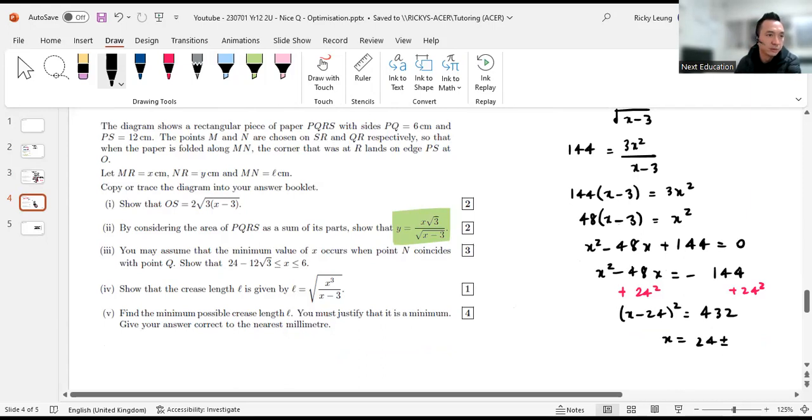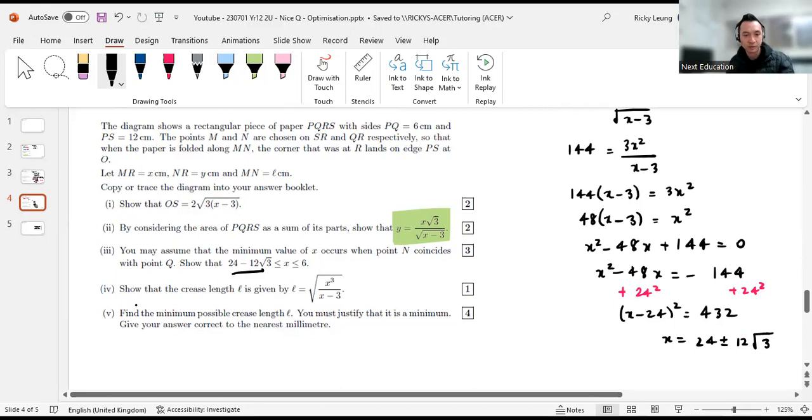So what can go into that? 16 times 9, so it looks like 144, so 12 root. Simplify that further: 432 divided by 144, what do you get? Is it 3? 3, yeah, perfect.